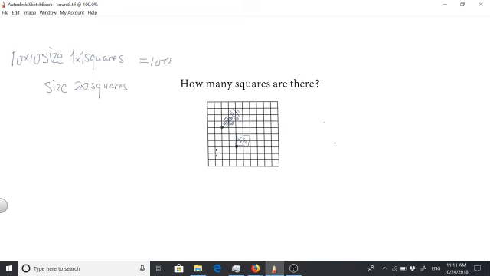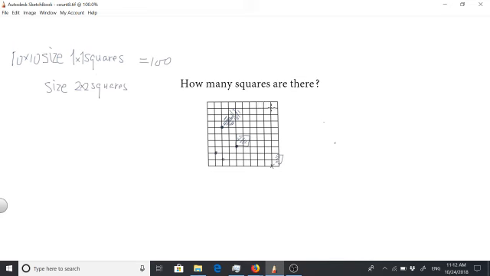And how many are there? Well, virtually every point can become a lower left corner. Pick any point, except if it gets close to the right. Like this point doesn't work, because for its square, you have to go outside. So basically, you cannot use this column. And you also cannot go 2 up.